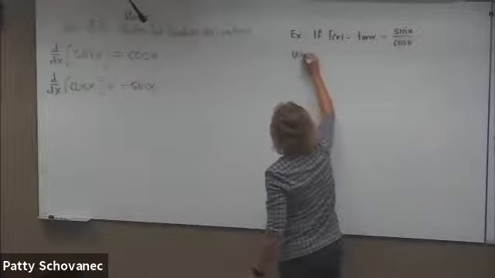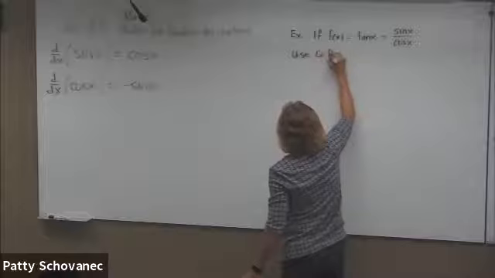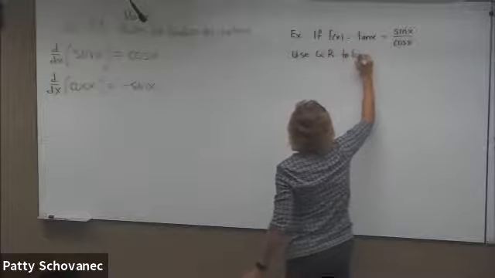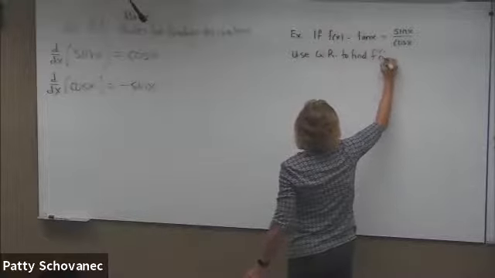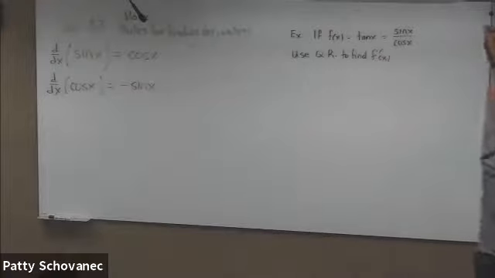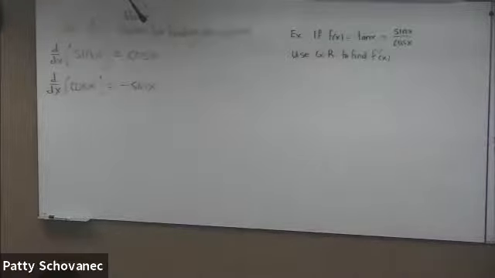And then use the quotient rule to find f prime of x. Sine prime of x cosine x minus cosine prime of x sine x over cosine squared. There you go, do it. Do it on your paper while I erase.